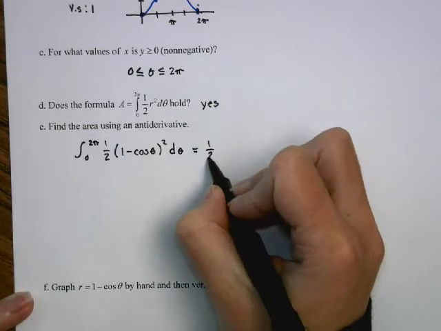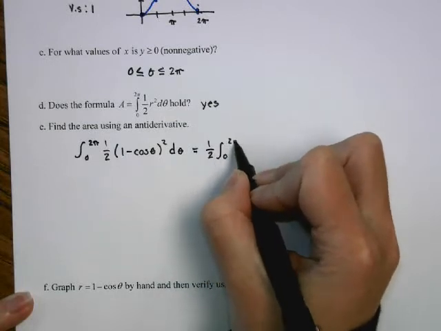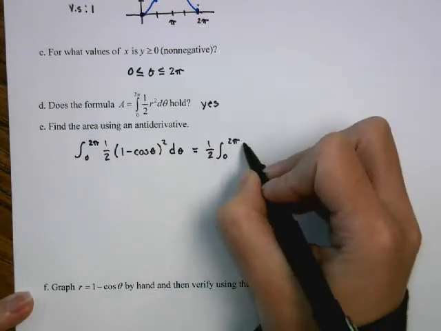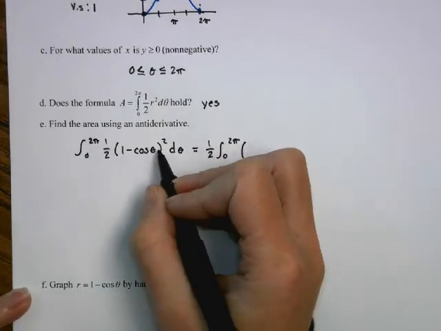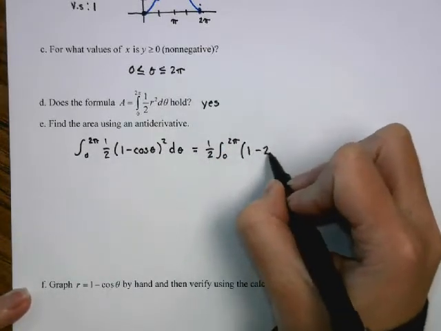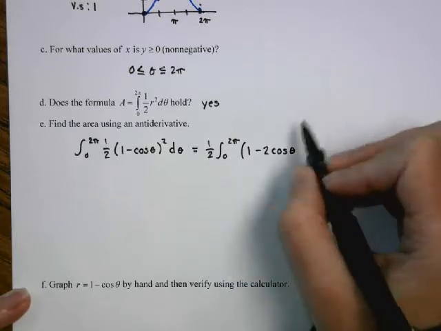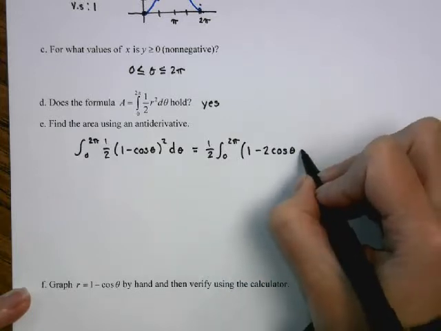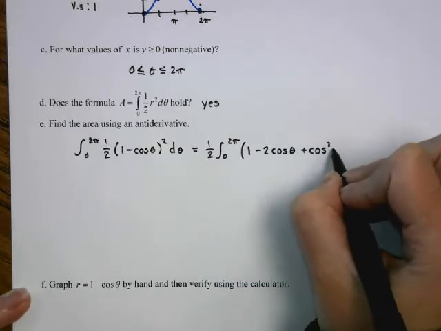Okay, so I'm going to pull the 1/2 out. We'll FOIL this, so we'll have 1 minus 2 cosine theta plus cosine squared theta.